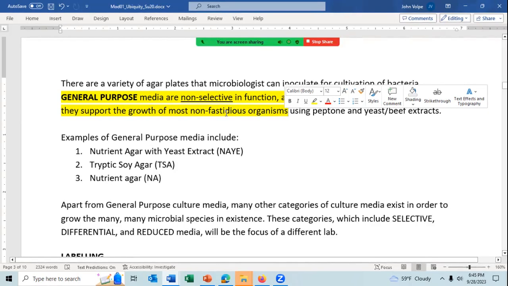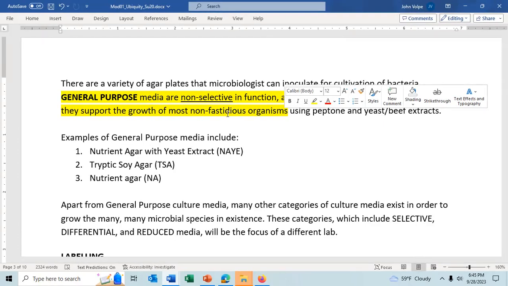The easiest way to add the additives is to add red blood cells to the media, and then the red blood cells will supply the nutrients that Streptococcus pyogenes requires in order to grow.